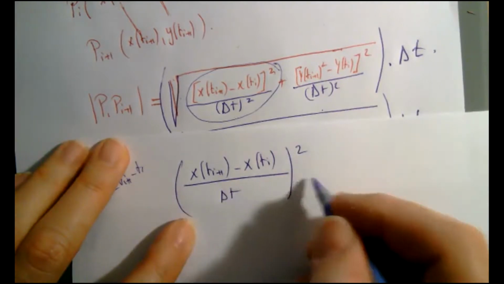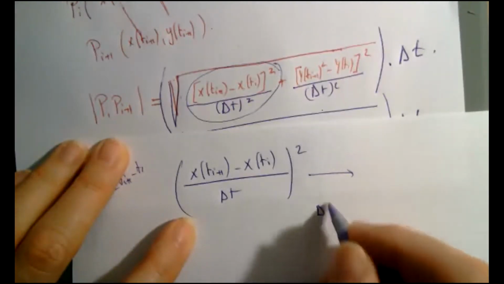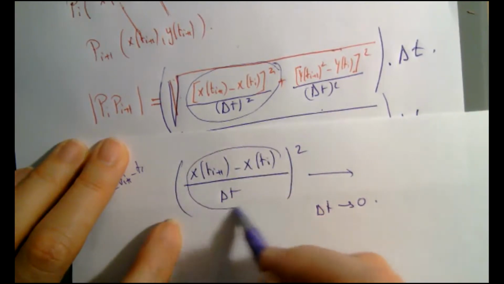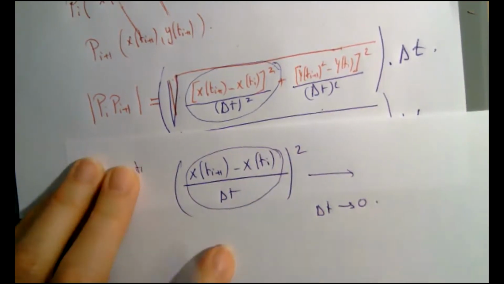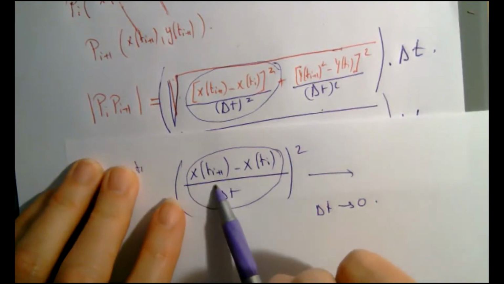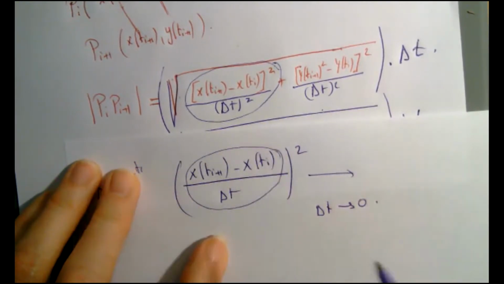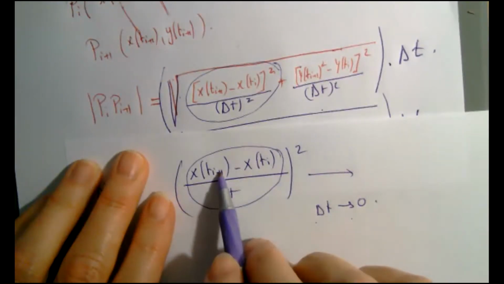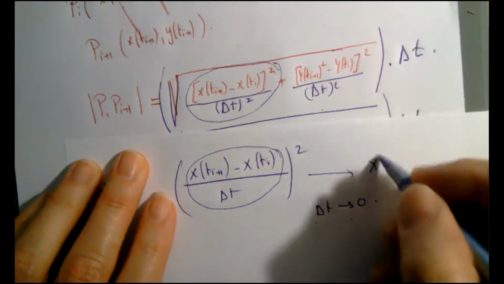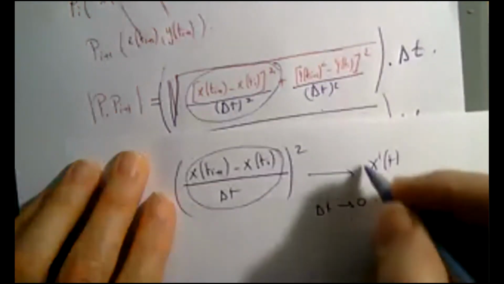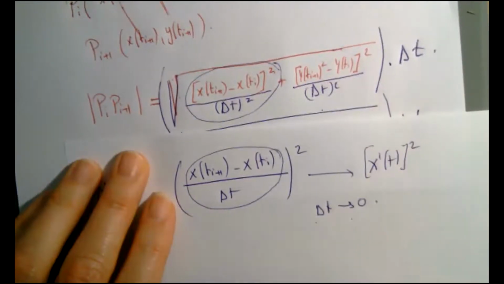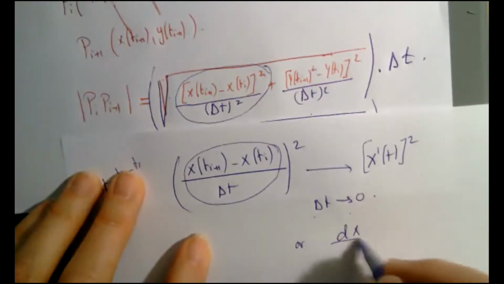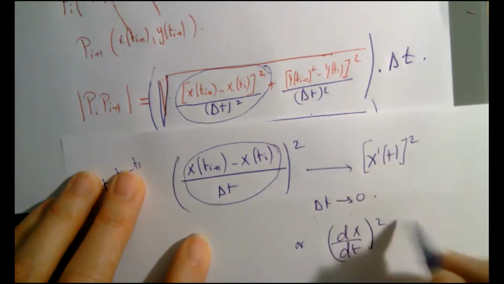Now when delta t becomes small, this expression becomes what? It's x of Ti plus 1 minus x of Ti over the delta t. When delta t becomes small, this is exactly the derivative of x with respect to t, or dx/dt, squared.